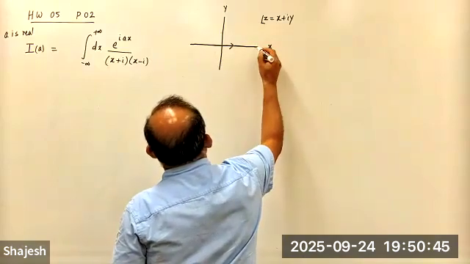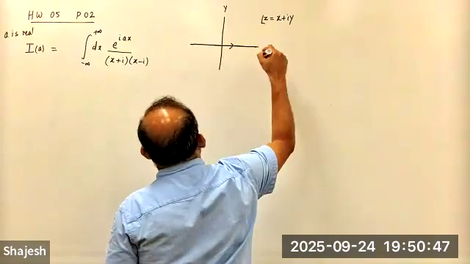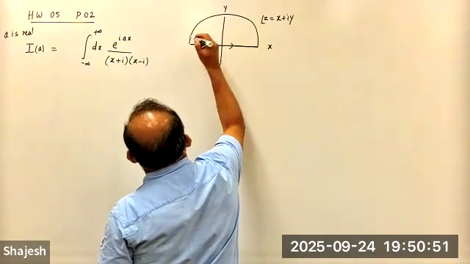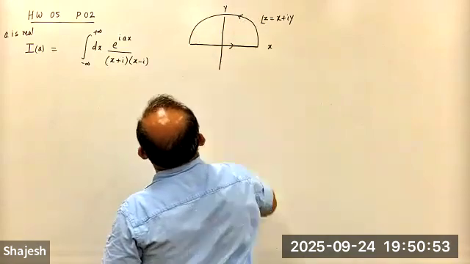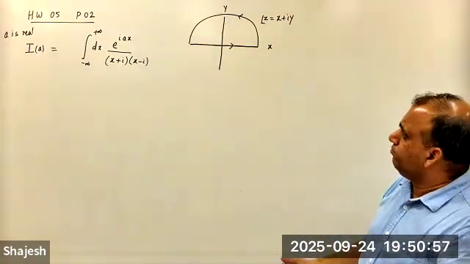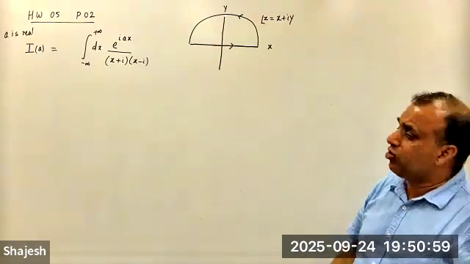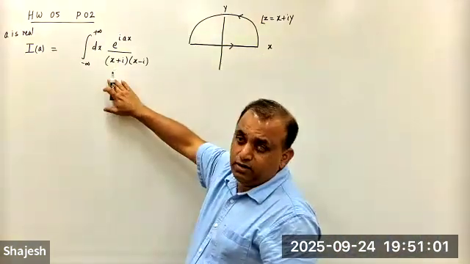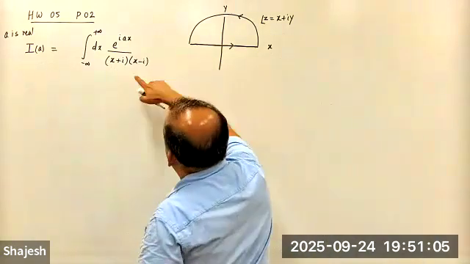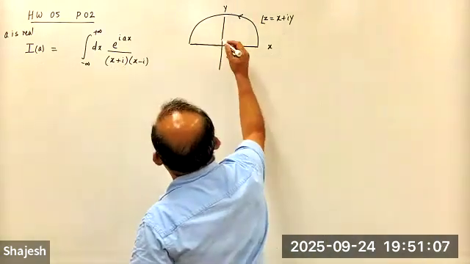Close it now. You can either close it on the top or to the bottom. Let me pretend that I'm closing to the top. That's one option I have. And now I can use my Cauchy's integral. So where are the poles here? Plus i and minus i.